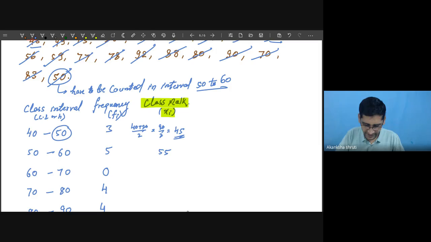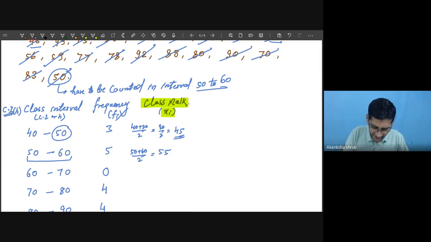So no need to do this calculation. You can quickly write it by adding this. Student, 50 plus 60 by 2 takes a bit longer time adding than calculating it. Better is that you just calculate the interval length. Between 50 and 60, what is the interval length? Interval length, or class interval, better denoted by h.